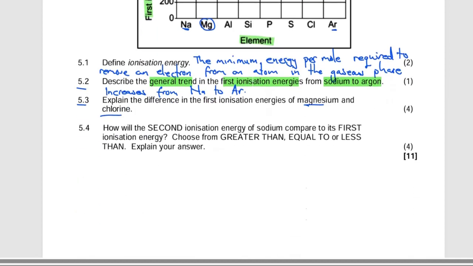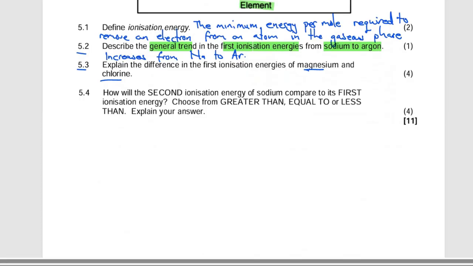We are supposed to explain the differences. So in which group is magnesium and in which group is chlorine? Let's start with chlorine, Cl. It has a greater first ionization energy.